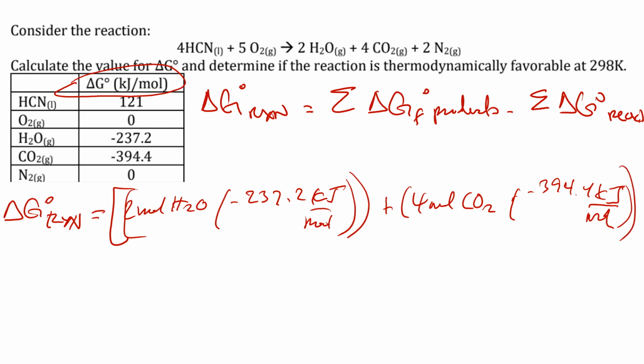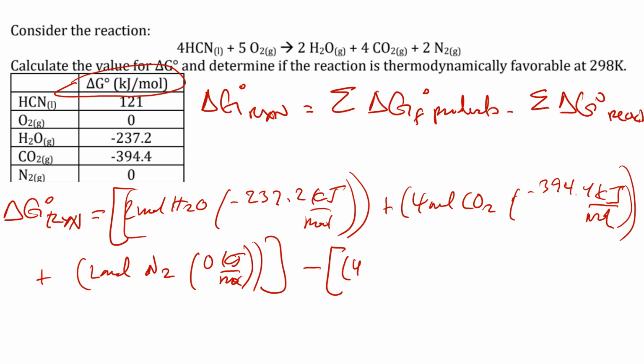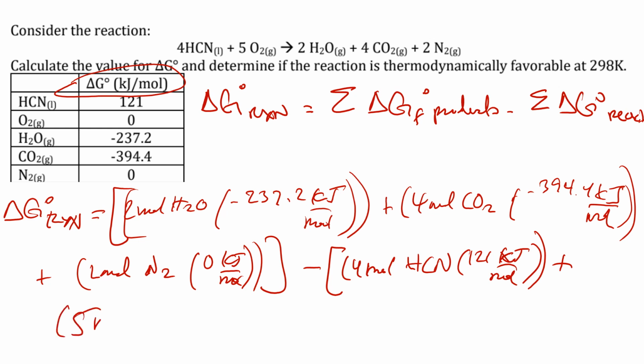Plus 2 moles of N2, 0 kilojoules per mole, minus 4 moles of HCN times 121 kilojoules per mole, plus, I'm running out of space again, 5 moles of O2.